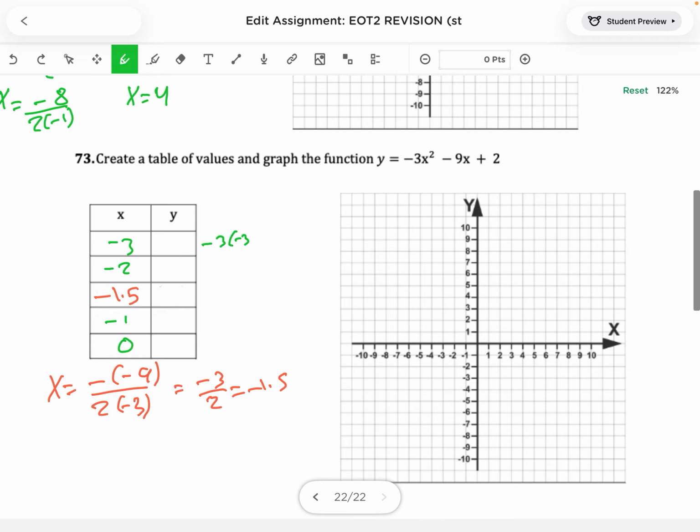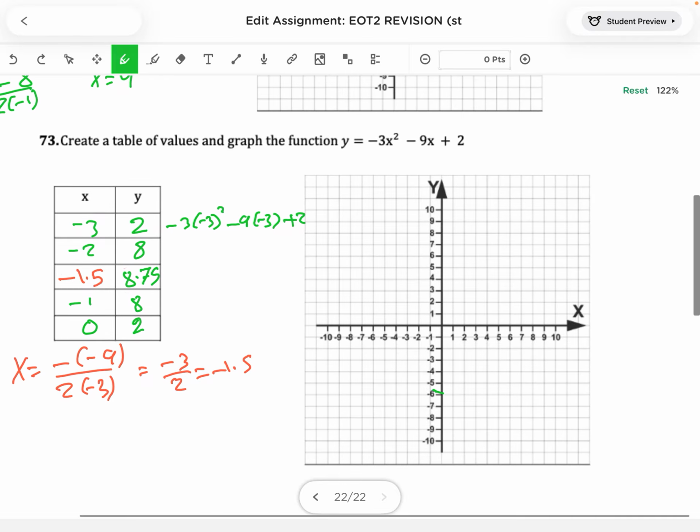Negative 3 times negative 3 squared minus 9 times negative 3 plus 2. 2, 8, 8.75, 8 and 2, and we plot these points. Again, it's concave down.